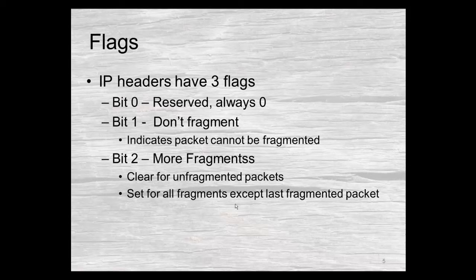There are some flags there, 3 bits. Bit 0 is always 0, it's reserved. Bit 1, when set to 1, says don't fragment, saying, hey, this packet can't be fragmented. If it needed to be fragmented, instead you'll just drop it. And bit 2 indicates that this is a fragmented packet, and if it has a 1 in it, it says, hey, there are going to be more fragments occurring that are part of this packet.